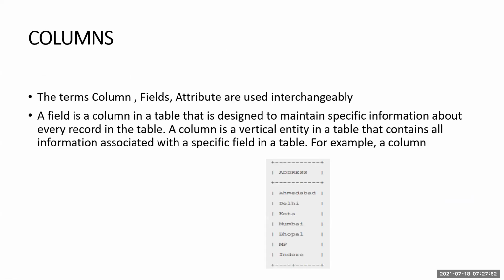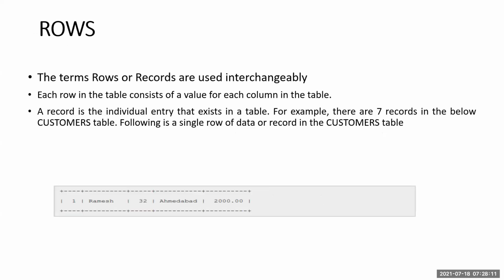So this is a typical table with rows and columns. But now in database concepts, your columns we call them fields, or attributes. Then your rows are called your records.